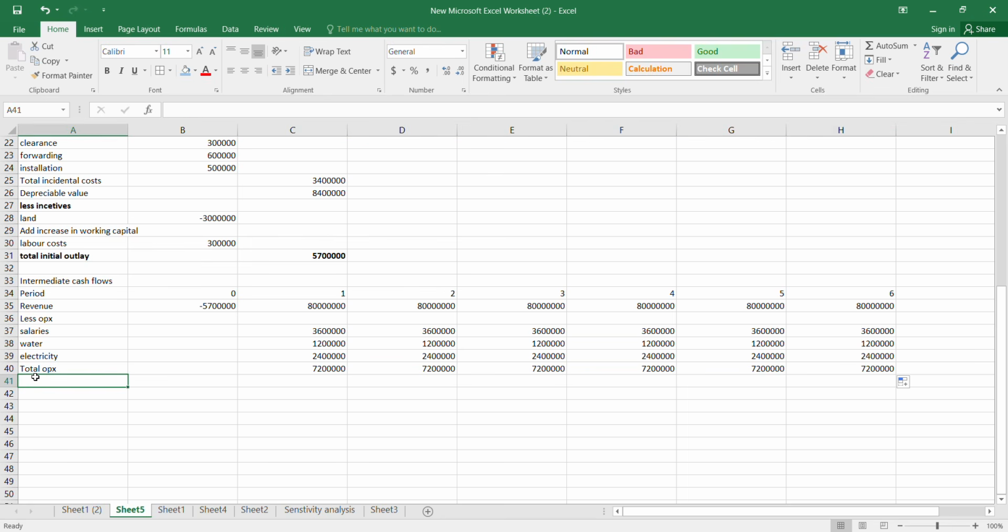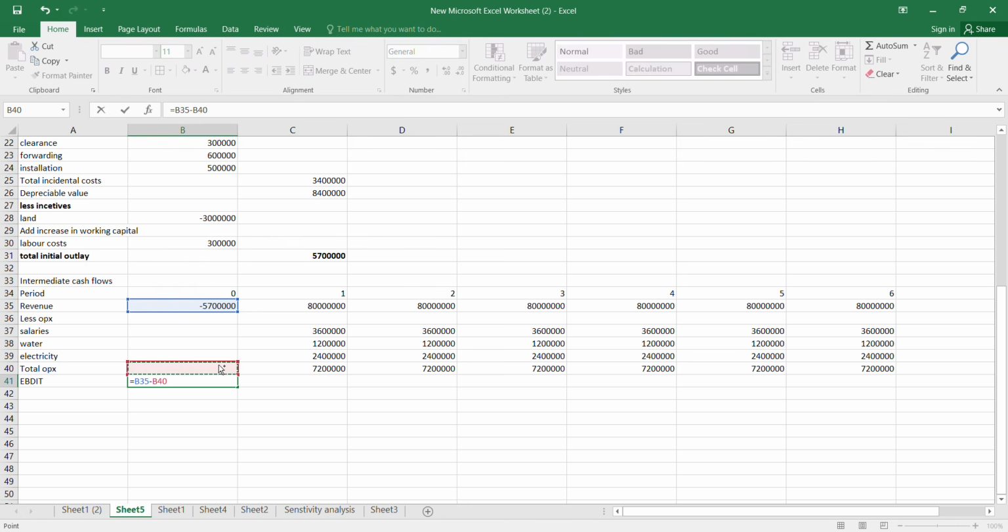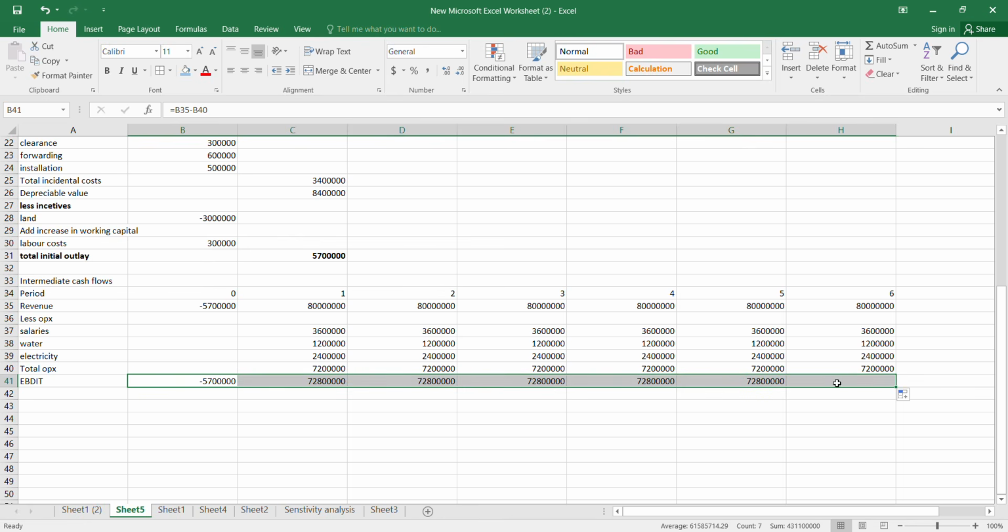Then the amount we shall get here will be earnings before depreciation, interest, and tax, which will equal this minus the total. Drag and drop.